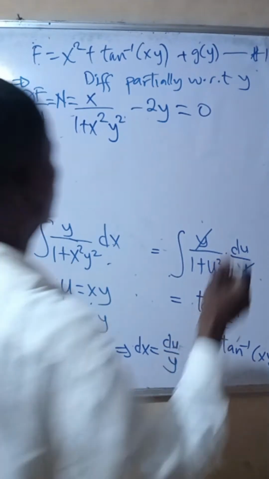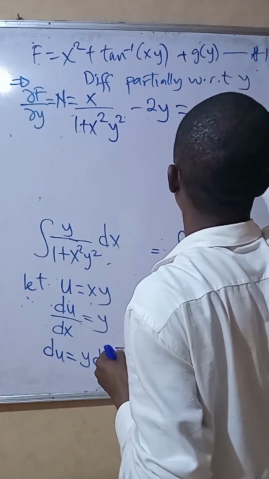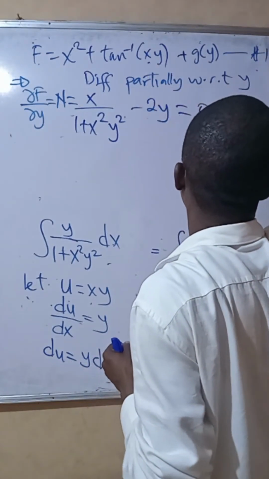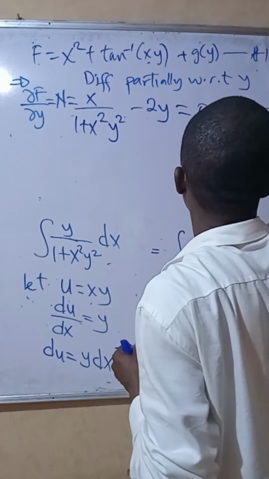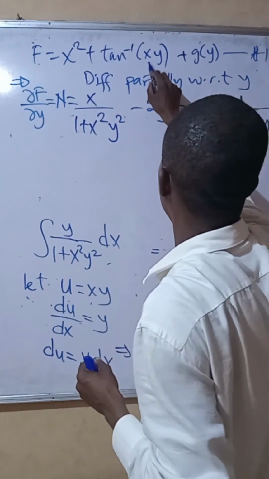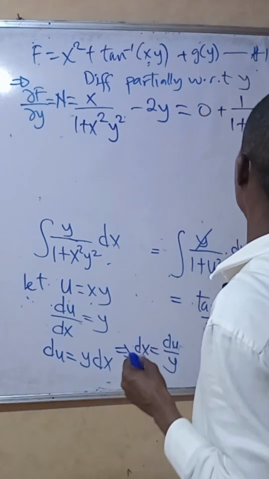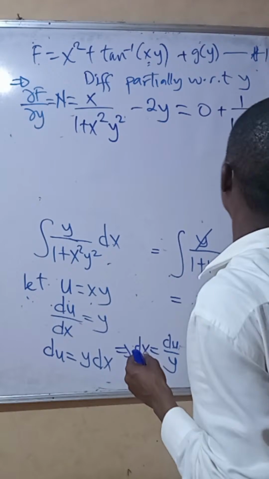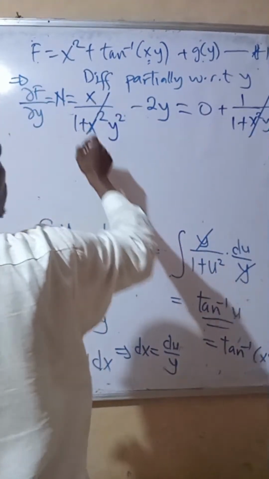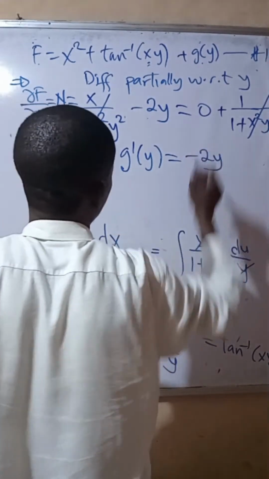The derivative of arctan is 1 over 1 plus the square of this one, x squared y squared, times the derivative of the inner function with respect to y, so times x. Then plus g prime of y. By so doing, this one and this one cancel. We have g prime of y equal to minus 2y.